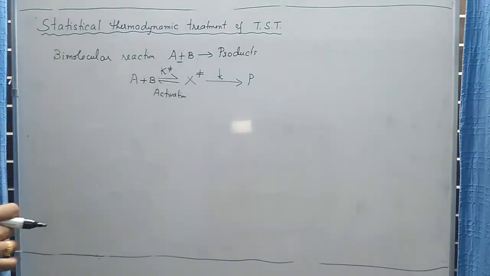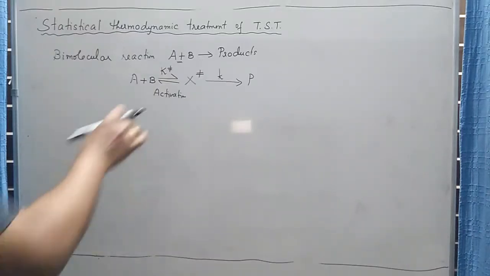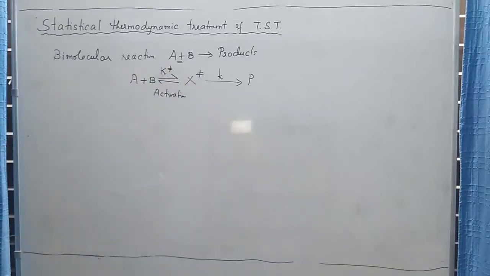According to one of the postulates of transition state theory which we learned in the last class, the rate of a reaction is directly proportional to the concentration of the activated complex, and that concentration is estimated by using the equilibrium theory. That is why I have shown this equilibrium, which in reality does not exist.